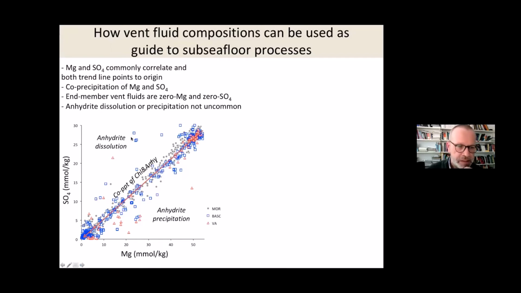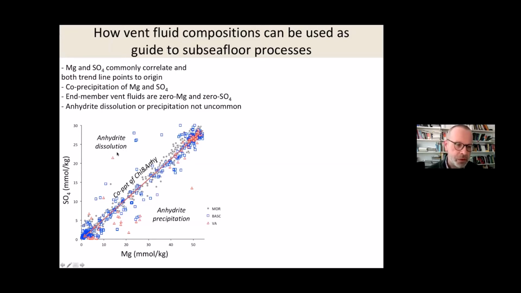because you see there are some data points that do not plot on this trend that most samples define. And instead they show an excess of sulfate, which tells us that anhydrite dissolution takes place in the subseafloor.